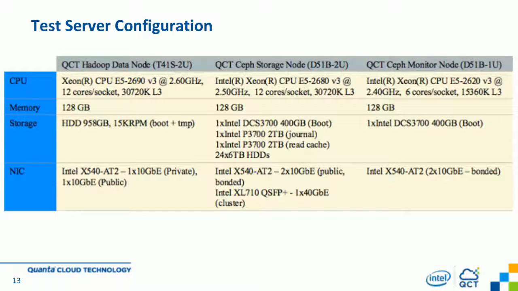The Xeon E5 2690s were used for the Hadoop data nodes, for the Ceph storage nodes we use the E5 2680 V3s, and for the monitors we use the Xeon E5 2620 V3. The exact configuration is reproduced here for your reference. Now, let's look at the next slide.